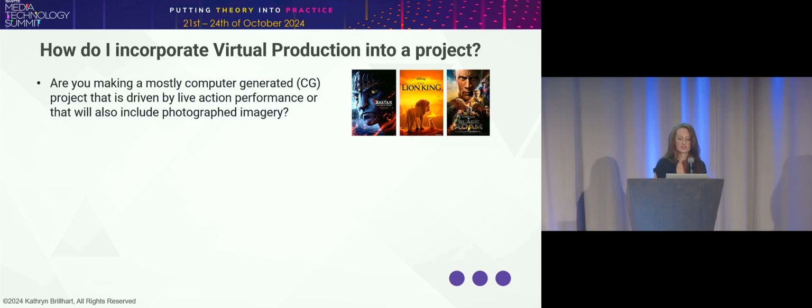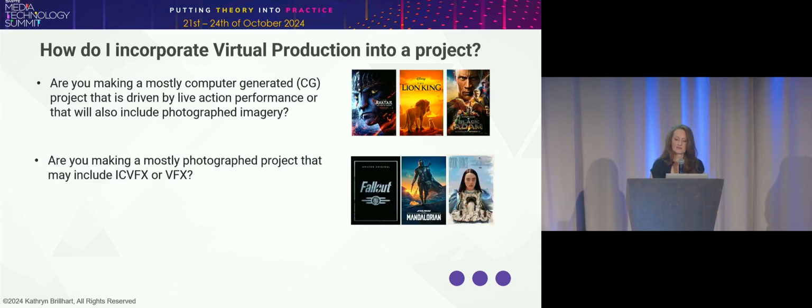As a virtual production supervisor, I'm part of the development process. I'm helping break down scripts to determine whether virtual production techniques are essential to a project. Here are some basic considerations I like to start with when I break down a script and I'm figuring out what that recipe is going to be. First question, are you making a mostly CG project as your final output, like The Lion King, for example?